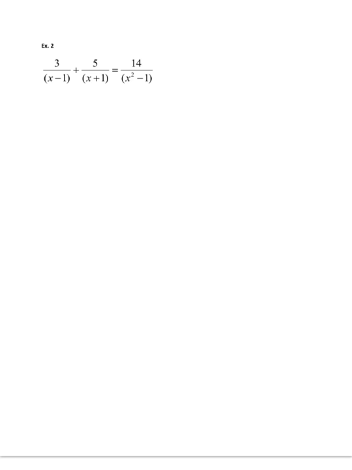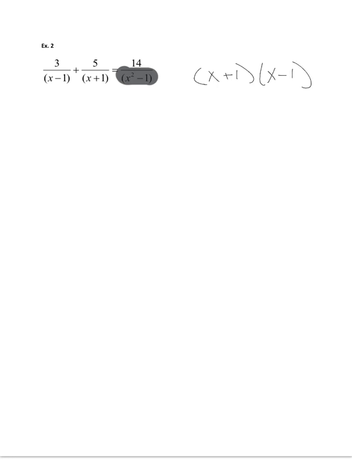Looking at the denominators, we need to find the restrictions of x. But in order to make things a little bit easier, let's try to factor this third term's denominator. And when we factor that, I believe x squared minus 1 is the same as x plus 1 times x minus 1.